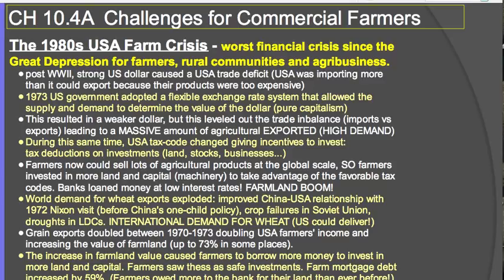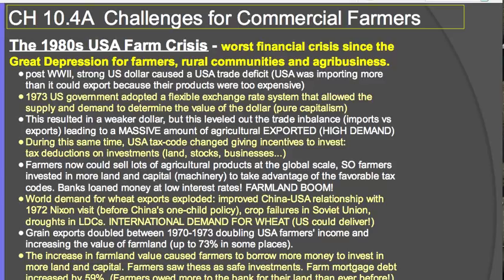adopted this flexible exchange rate, so that the value of the dollar would be determined by supply and demand, a free market for the global economy. And so the value of the dollar actually went down. At the same time, there were a lot of tax incentives to invest in things like land and stocks and businesses.